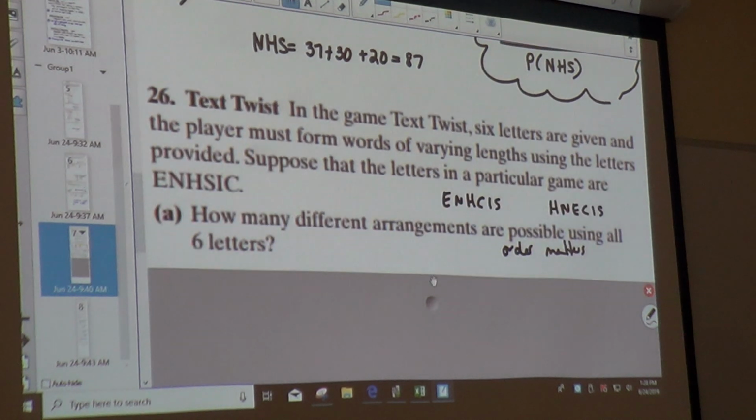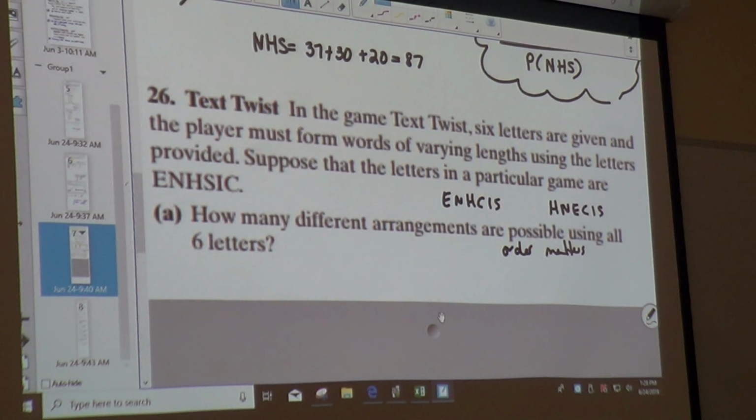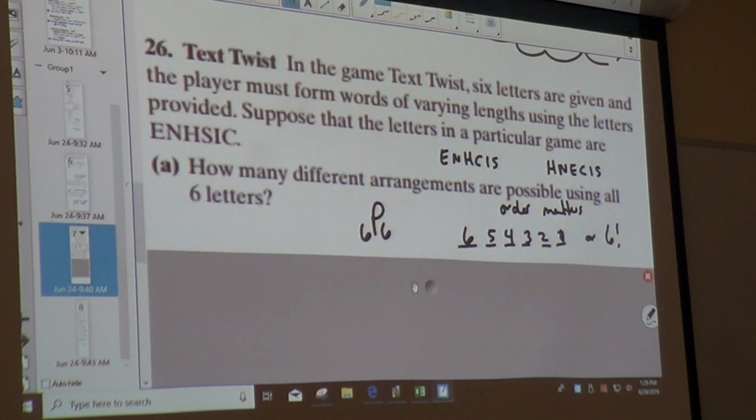So, what kind of problem is this? Permutation. How many letters am I using? 6. And how many letters are there? 6. Or we can say 6, and then we have 5, then 4, then 3, then 2, then 1, so that would be 6 factorial, either way.